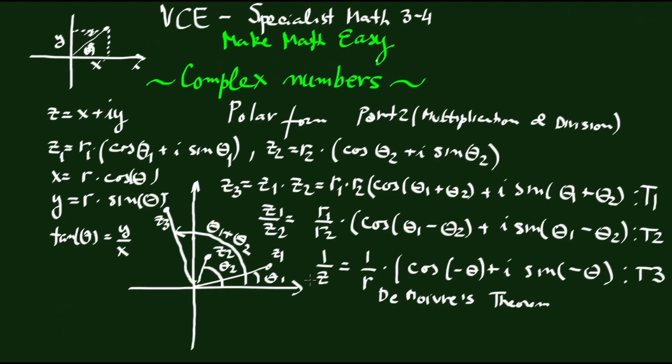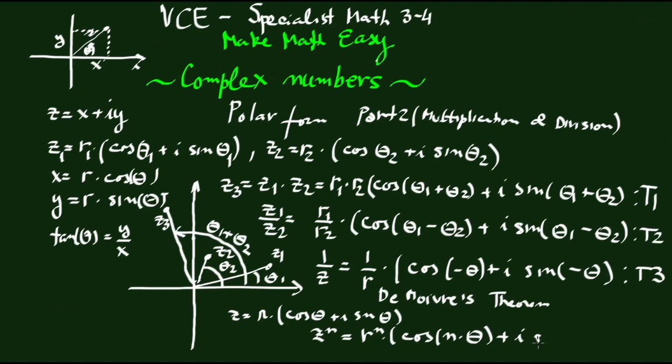And it says that if z is a number like z is r times cosine of theta plus I sine of theta, then z to the power of n is the same as r to the power of n times cosine of n times theta plus I sine of n times theta.